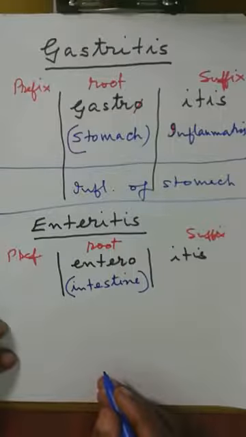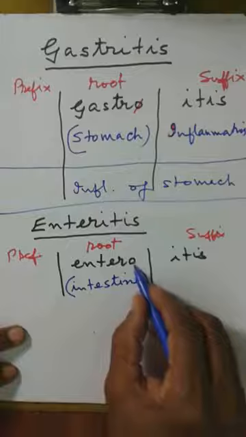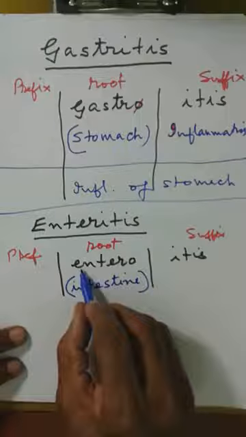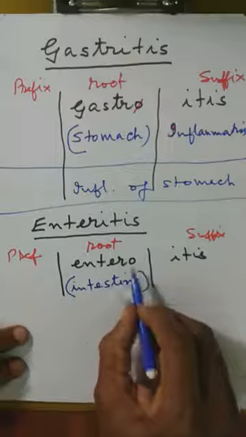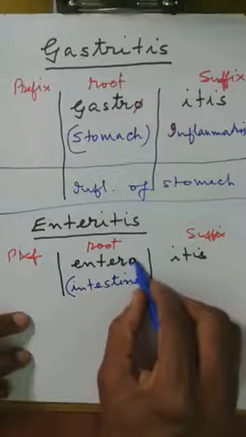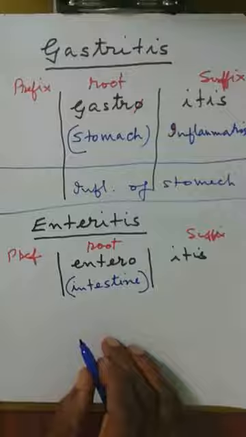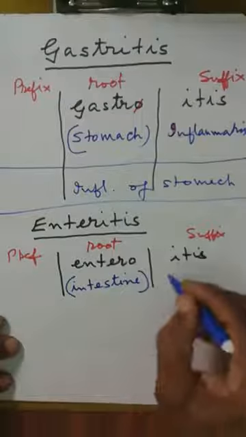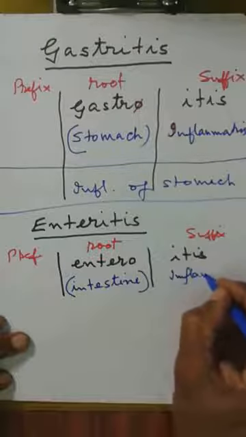It is actually enter plus O, that is entero. Normally, we use this O with most of the root words. Itis is inflammation.